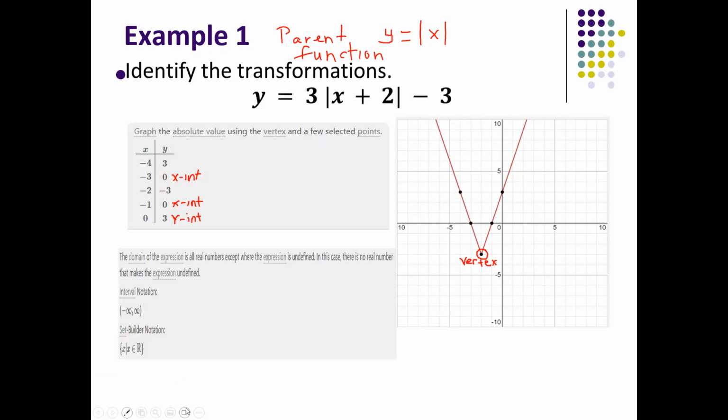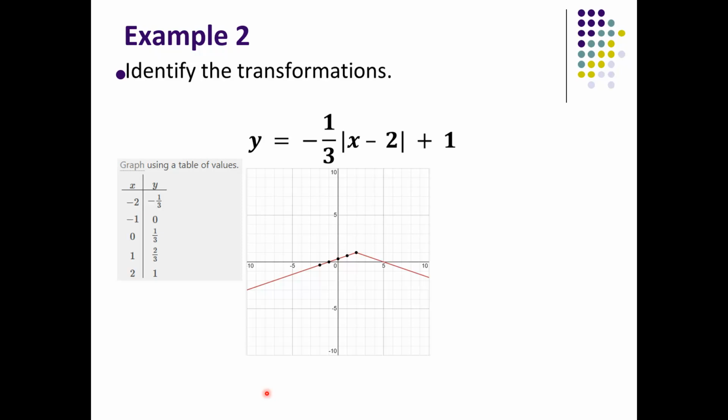Okay, so let's look at another example. Here we have y equals -1/3 times the absolute value of x minus 2, plus 1. Here we have a table of values as well. And we have here our x-intercept, -1, 0, which is labeled right here.